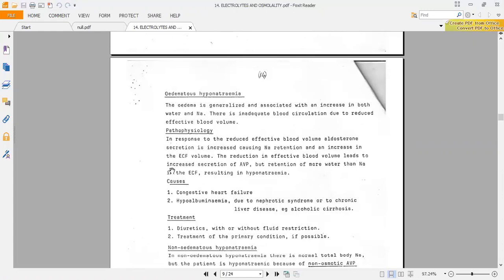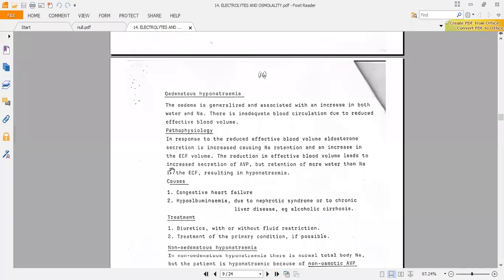That person will have edema. So the water retention, which is caused by these clinical conditions I've mentioned, is going to dilute the sodium, okay, and it will give them edema as well.